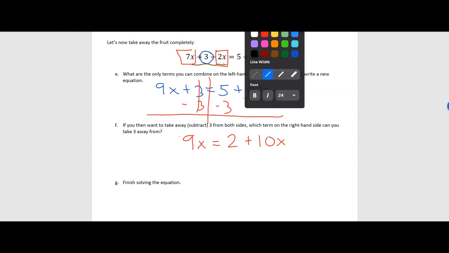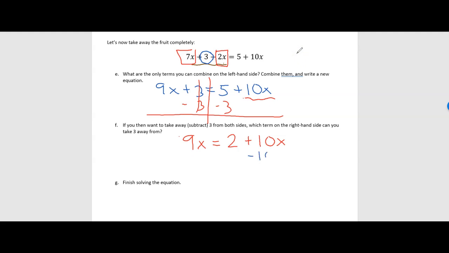So I'm going to subtract 10x from both sides. 9 minus 10 is going to be equal to negative 1x, or just negative x. And then I'm going to have 2 on my right-hand side.